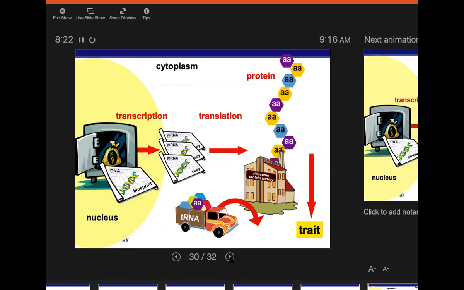tRNA is bringing in the amino acids. mRNA is the copy of the DNA. And of course, ribosomes are the protein factories.